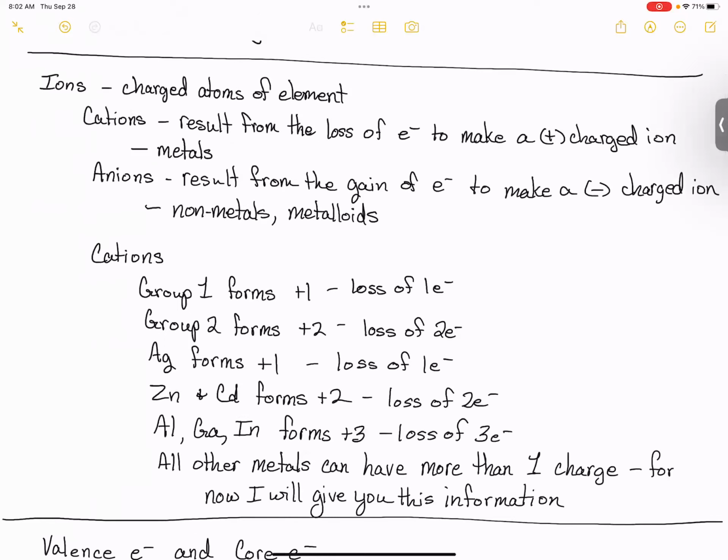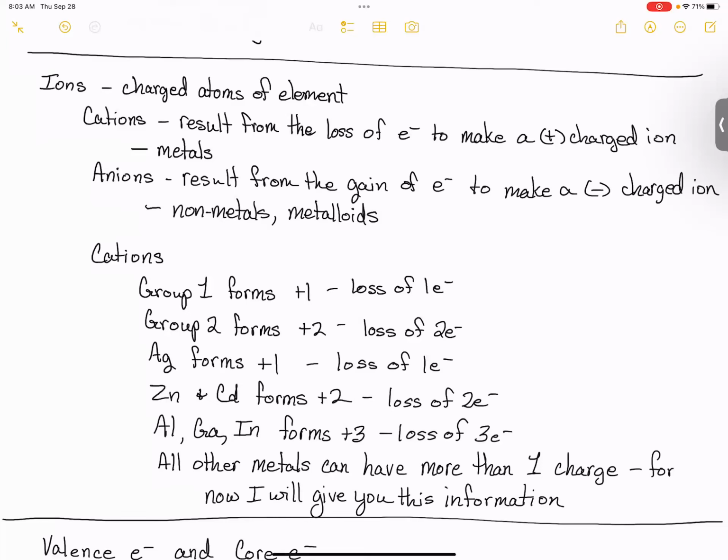So ions. Ions are basically charged atoms of elements. These charges result from an exchange of electrons between one element to the next. For the ions, we have two types. They can either be a cation or an anion.